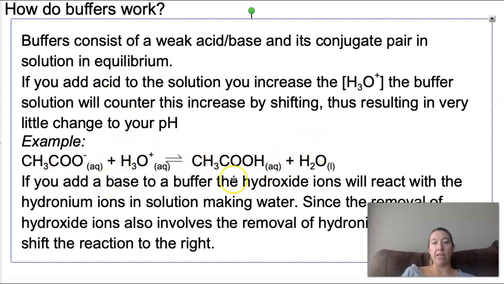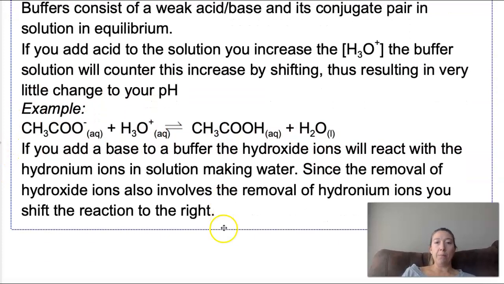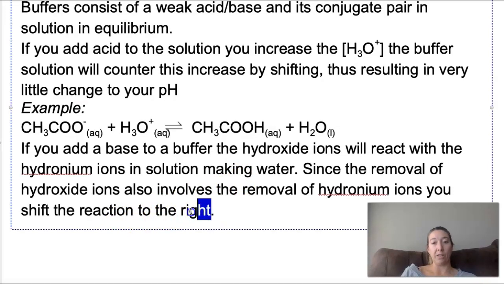So it'd be this plus water to give us this, right? So if we add a base to this buffer, the hydroxide ions are going to react with the hydronium ions in the solution to make water. So by adding base, we're going to decrease the concentration of the hydronium. Because we decrease the concentration of the hydronium, it is going to shift. I don't know why it's saying right. That should say left. It probably says right because the equation was meant to be written the other way.